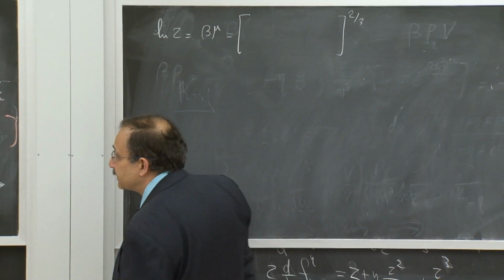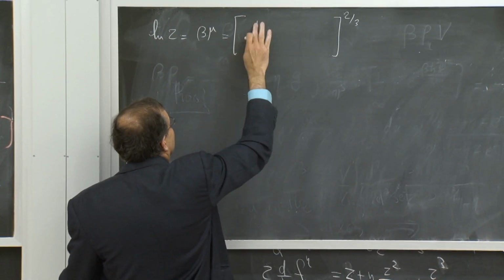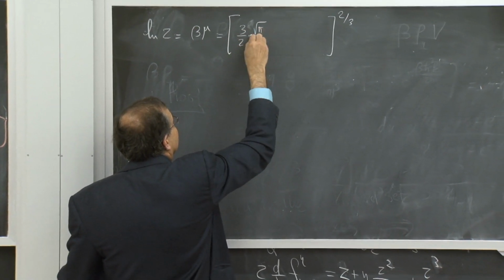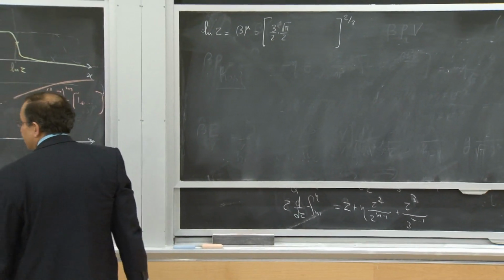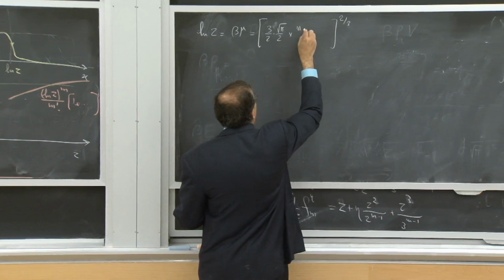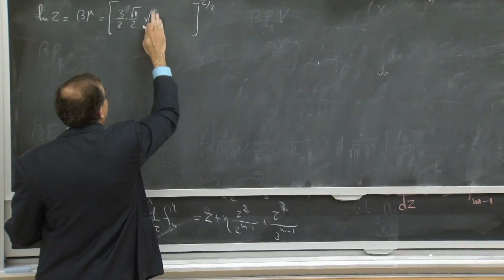What is that combination? 3/2 factorial. 3/2 factorial we saw was 3/2 times 1/2 factorial, which was root pi over 2. So this is 3/2 factorial. I have n over g. Oh, sorry, n lambda cubed.